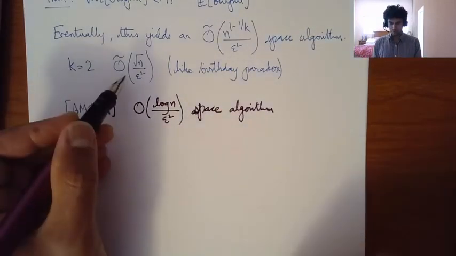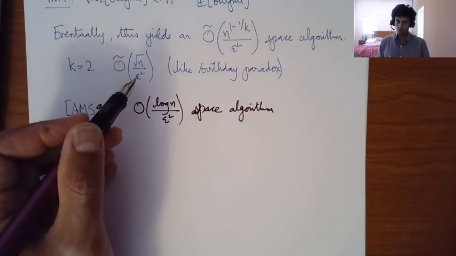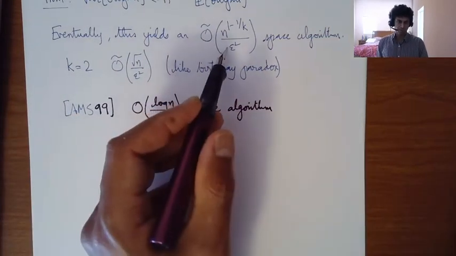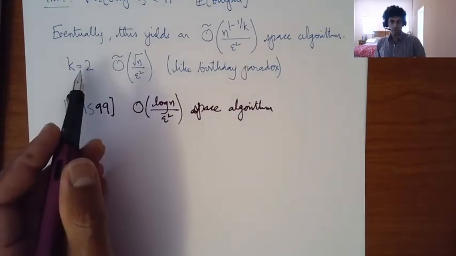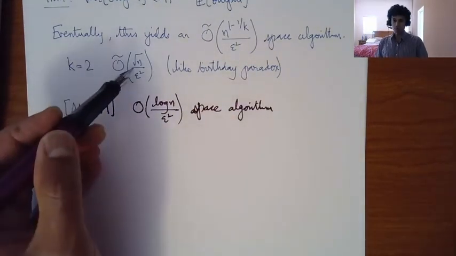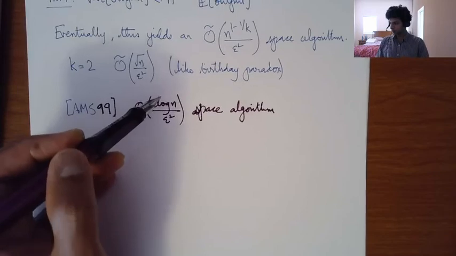So remarkably, for the special case of f2, it turns out this is not optimal. One can beat this bound for all values of k. But specifically for f2, you can go from root n actually down to log n over epsilon squared.